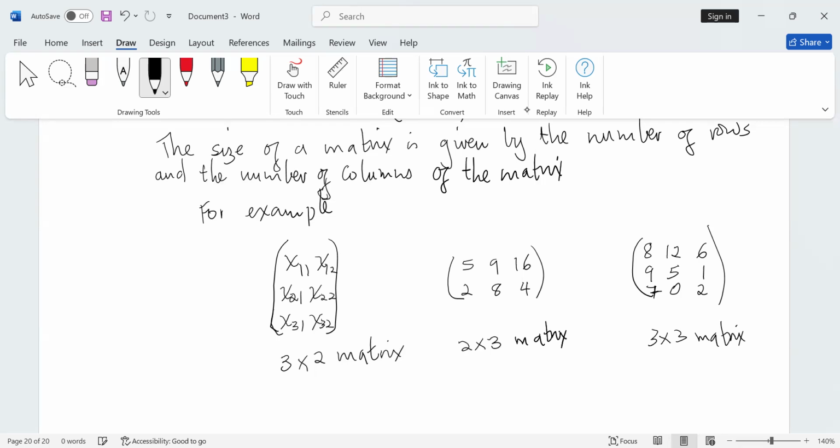So the naming of the matrices is important because you find that the determination of some of the arithmetic operations on the matrices depends on their sizes.